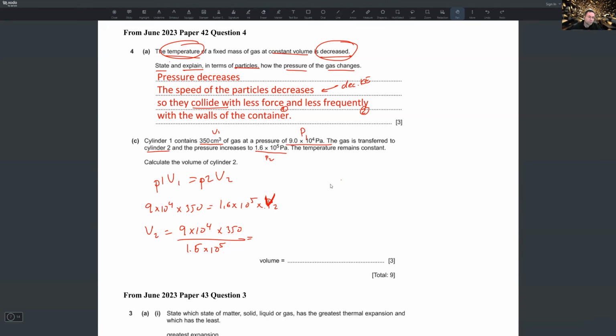You end up with 196.875. I'm going to round it to 3 significant figures, so I'm on 197 centimeter cubed, because that's the unit that we were using so far. Good.